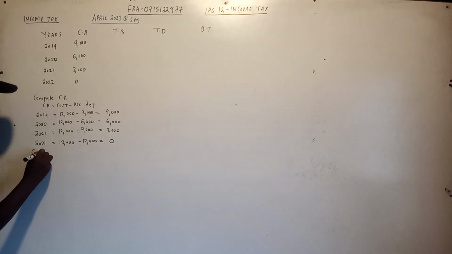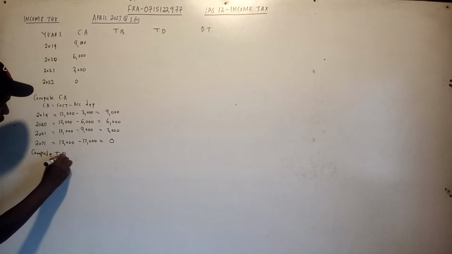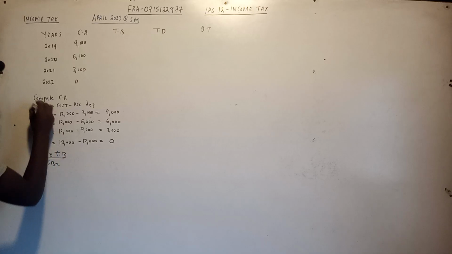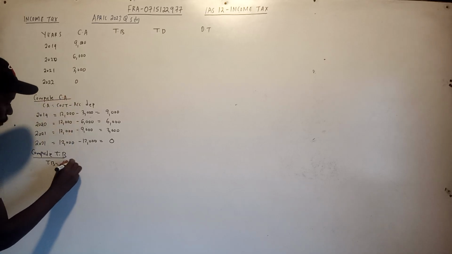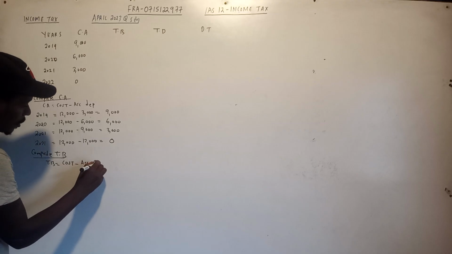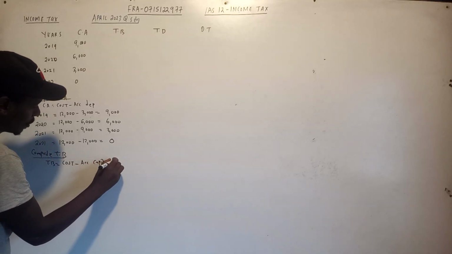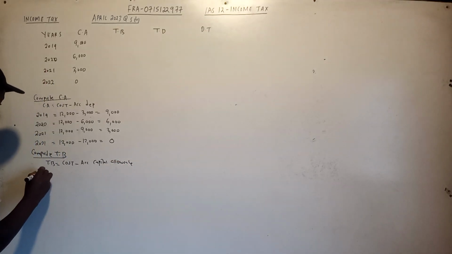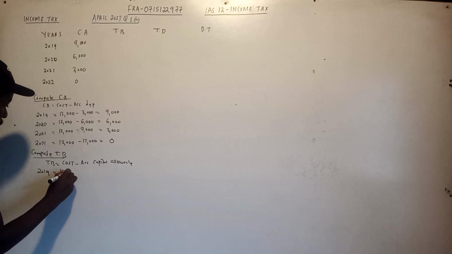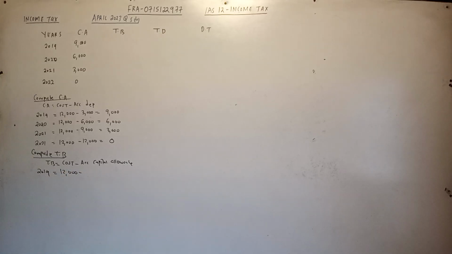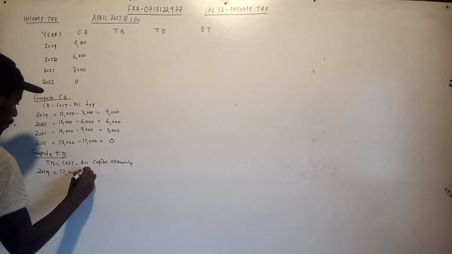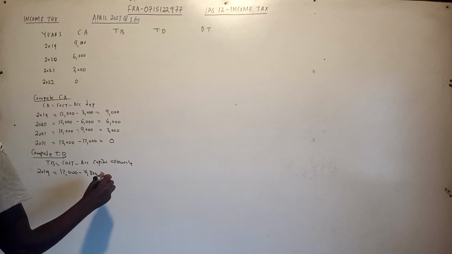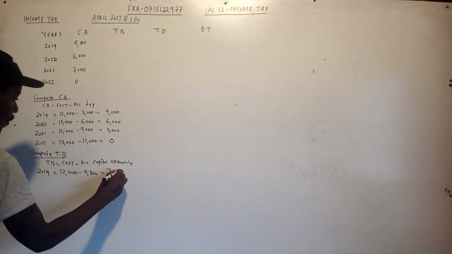Then computation of tax base. Let us compute tax base. We know tax base is equal to cost minus accumulated capital allowance. Let us start with 2019: 12,000, and the capital allowance for year 1 was 4,800. That will give us 7,200.